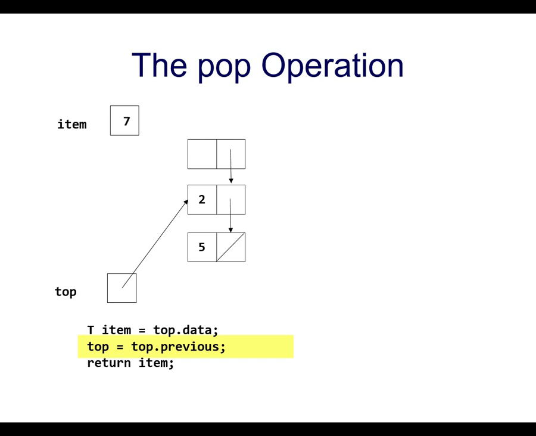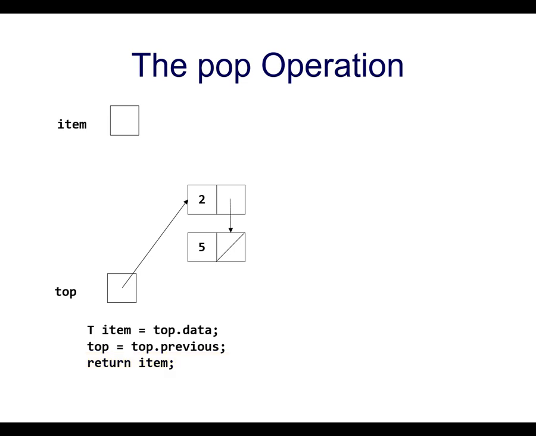Top is changed to what is currently in top.previous. This change means that top will now point to the second node rather than the third. This is the step that actually pops the top node. Then the value that was saved in item is returned.